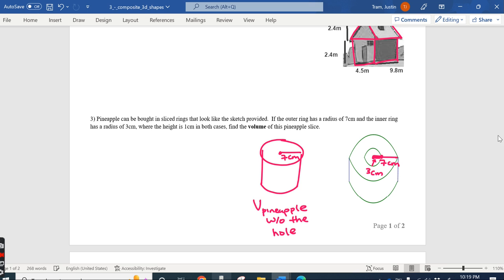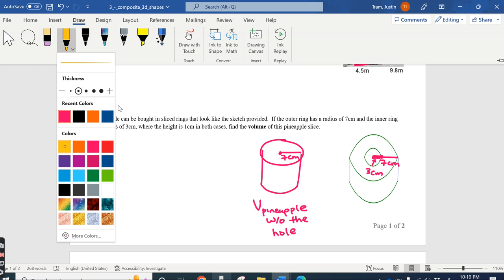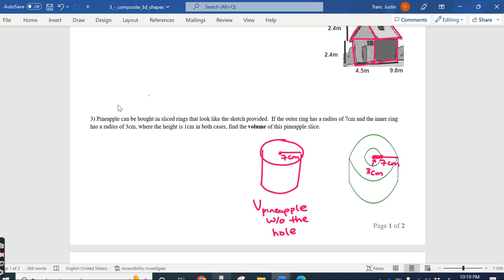And then it might be a good idea to find the volume of the inside, which is the hole you're going to cut out. So this would be the volume of pineapple, hole, I guess, and subtract the 2 to find the volume of the actual pineapple that you have.